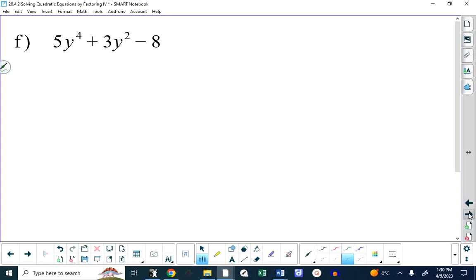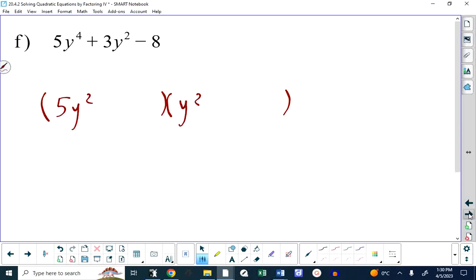No. So this is after spring break factoring. We know that whatever we put in these two places has to multiply to give 5y to the 4. Well, that's going to be 5y squared and y squared.